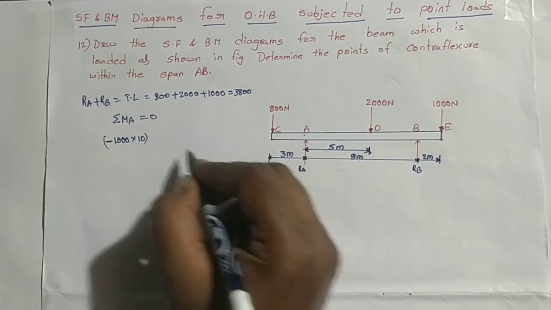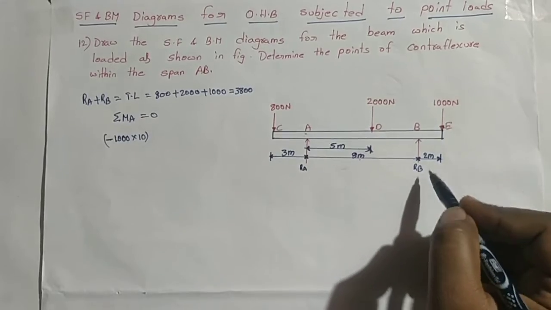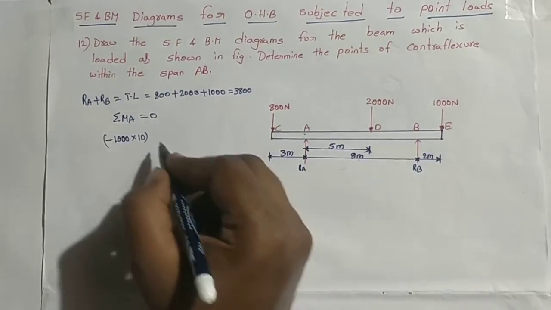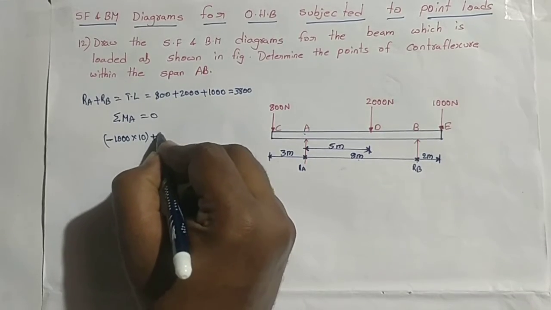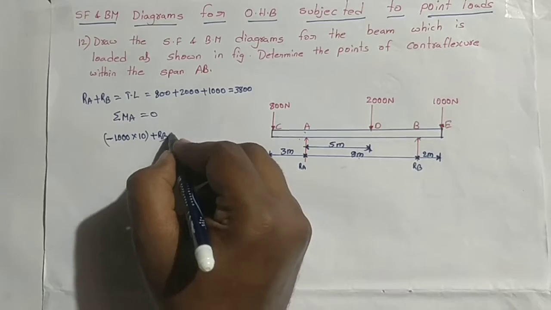Next force is the reaction force RB. RB is acting anti-clockwise, so it is taken as positive. The distance from this point is 8 meters.